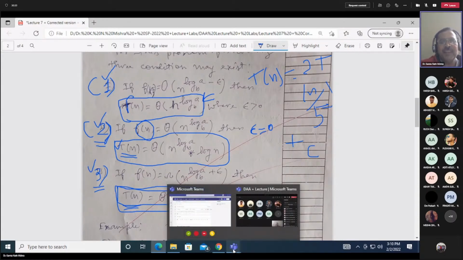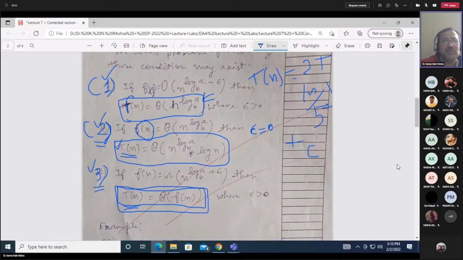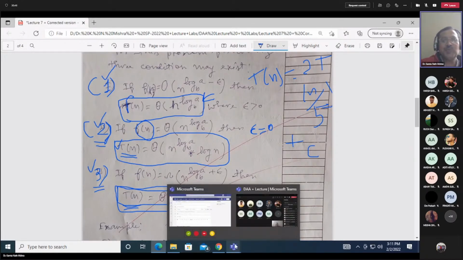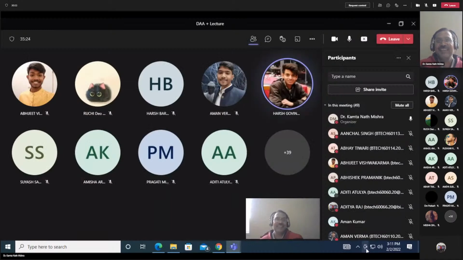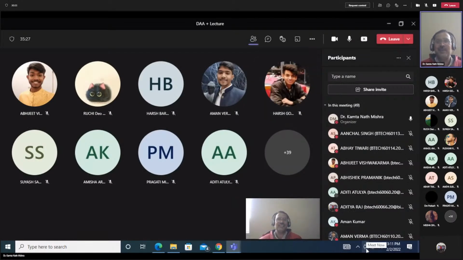The next question I am giving: T(n) equals 2T(n/2) plus Cn cube. Now tell me. This time you guess, Abhay Tiwari ji. T(n) equals 2T(n/2) plus Cn cube.